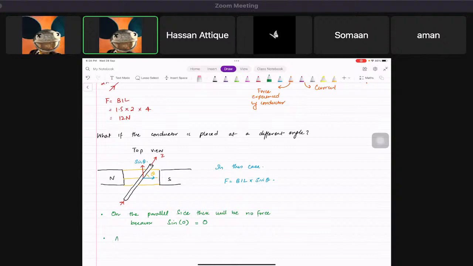But at 90 degrees, when the theta is 90 degrees, then sine 90 is 1, which gives us the maximum force. Is it clear, everybody? Any questions? Let me know.